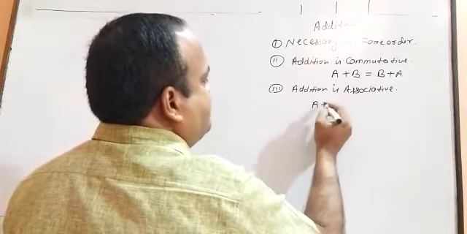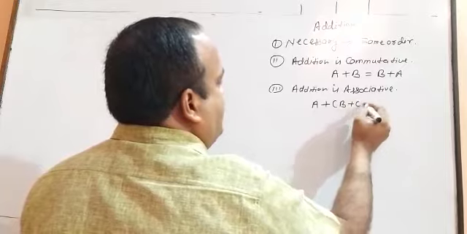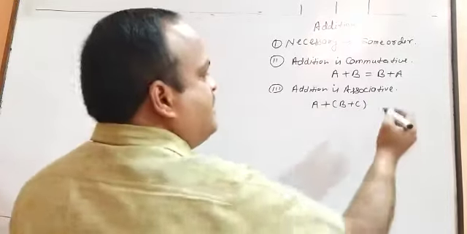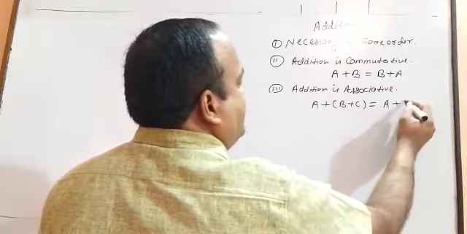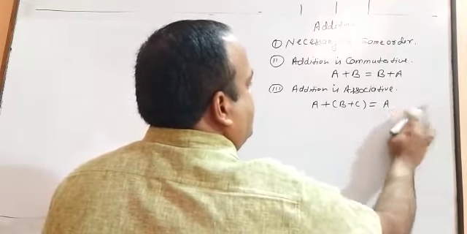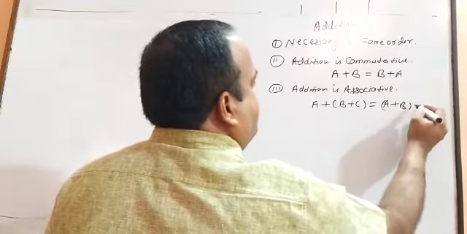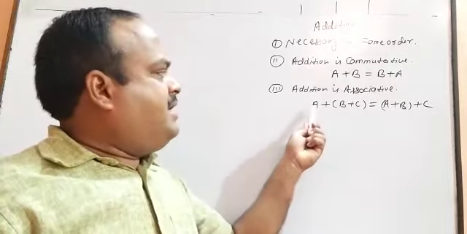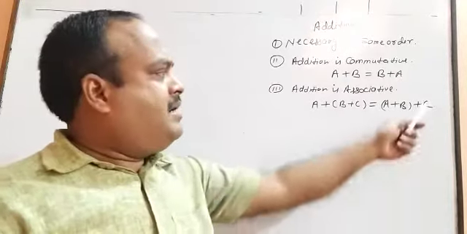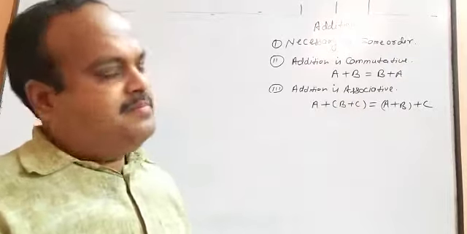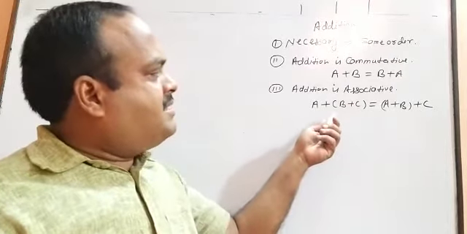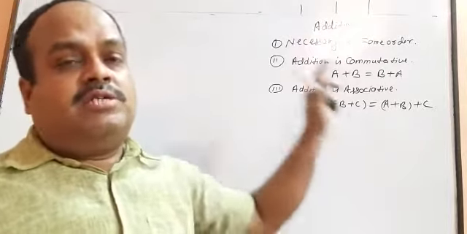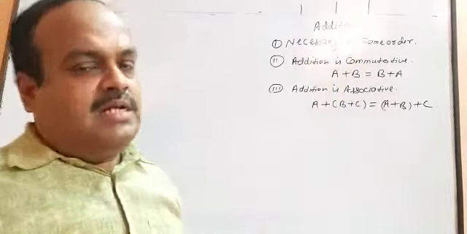I mean, the sum of A and B plus C is the same as the sum of A plus B and C. Sum of A with B plus C is the same as sum of C with A plus B. This property is called associative property. So addition of matrices is associative also, commutative also.